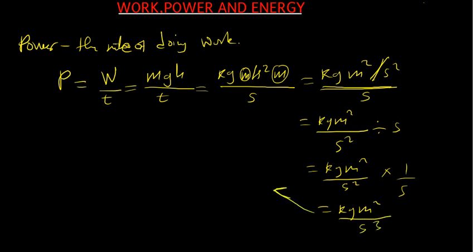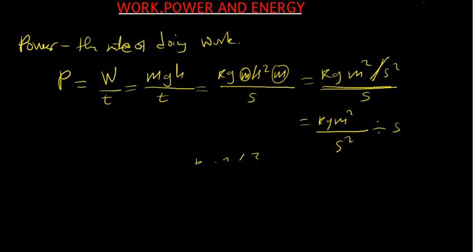And this can be written as kg meter squared per second cubed. Or in some cases you can see it written as kg meter squared second to the power negative 3. It is all the same. So that's the unit for power. All this which we can see is what is equal to a watt, a unit of power. Kg meter squared second to the power negative 3 is the same as a watt. Alright.